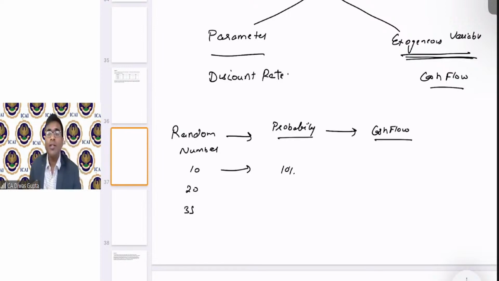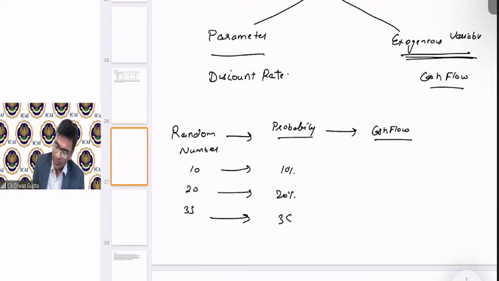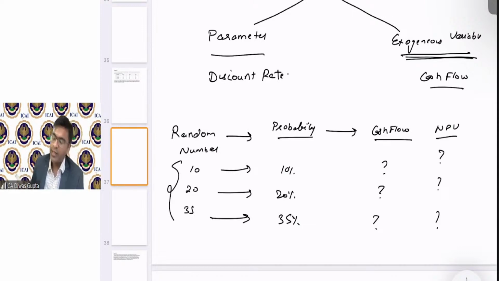Similarly, what is the cash flow on 20% probability? What is the cash flow on 35% probability? These are three different simulations, right? And hence, what is the NPV on three different simulations? Like this, there will be thousands of simulations. And hence we will arrive at that NPV.